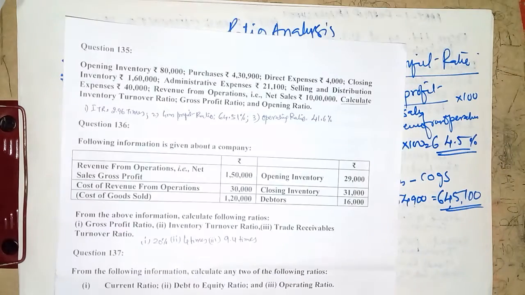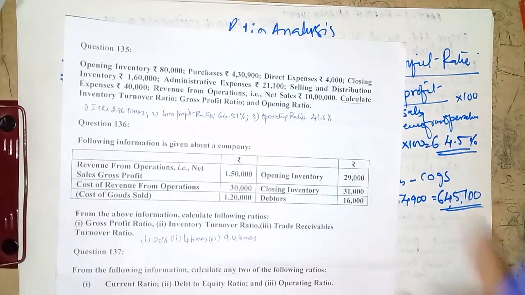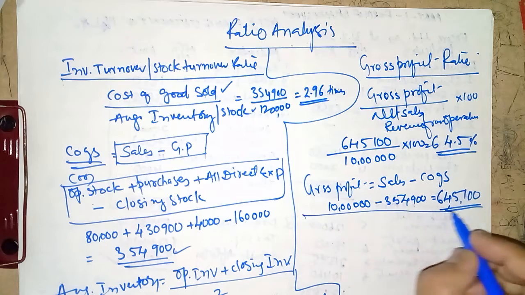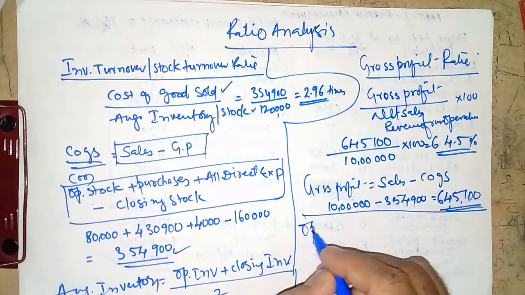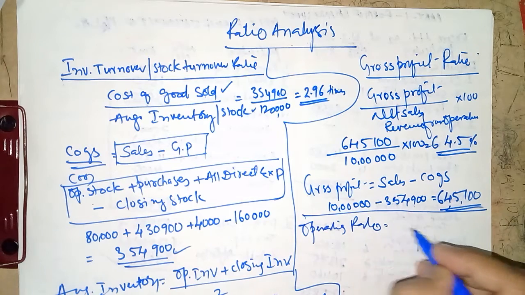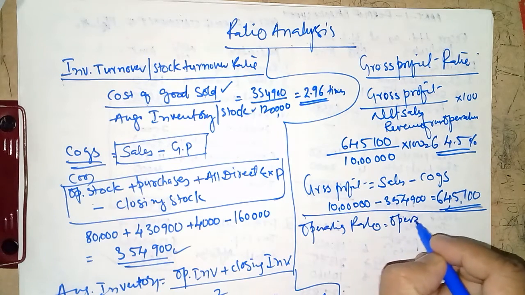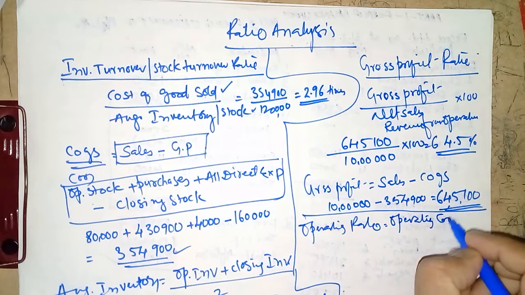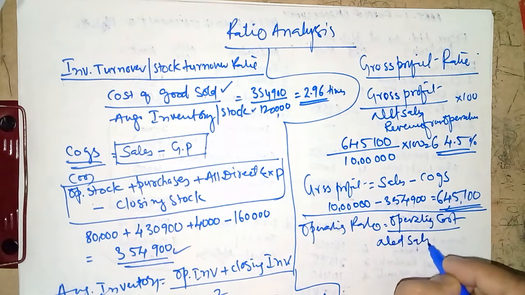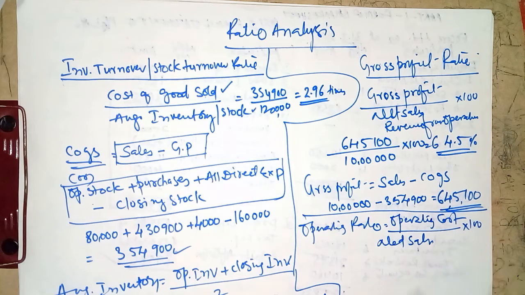Then we are asked to calculate the operating ratio. What is the formula of the operating ratio? Operating ratio is equal to operating cost by net sales into 100.